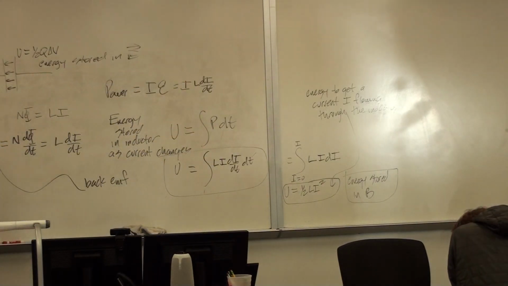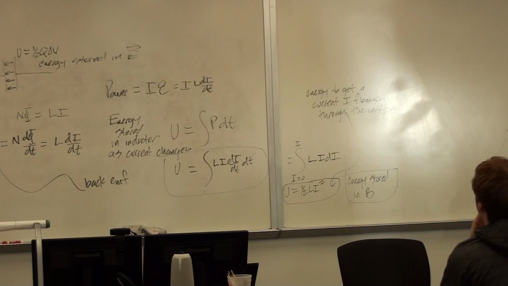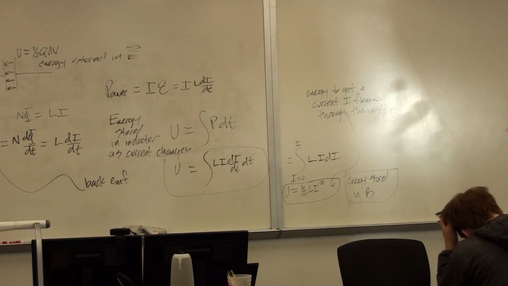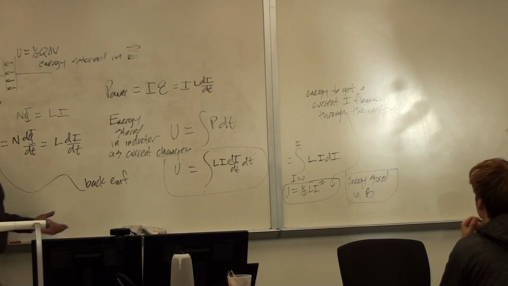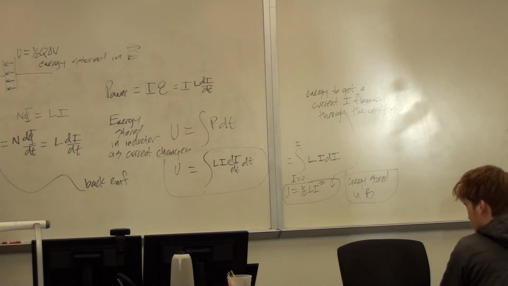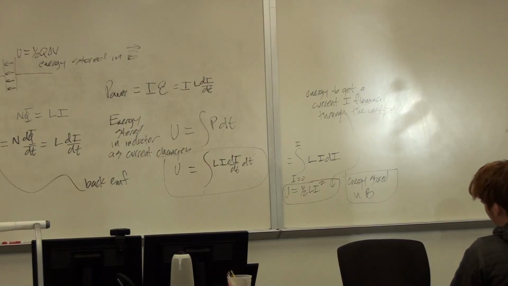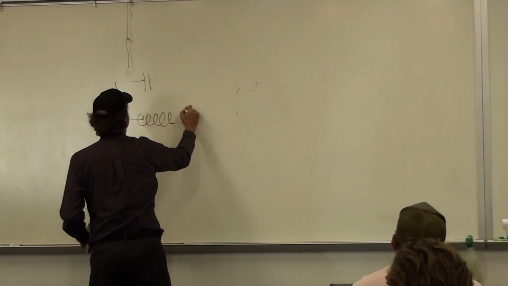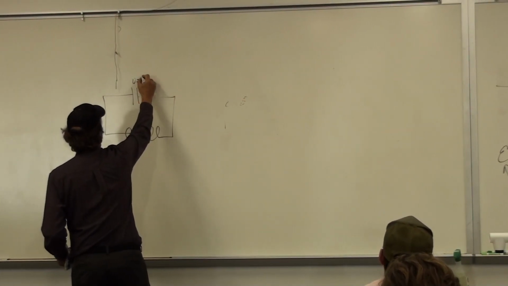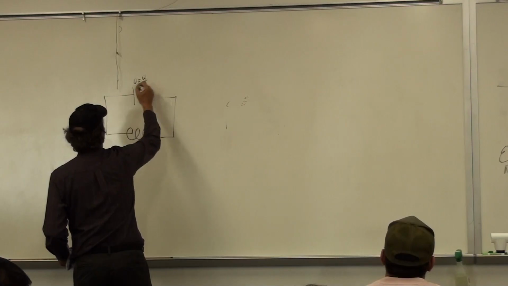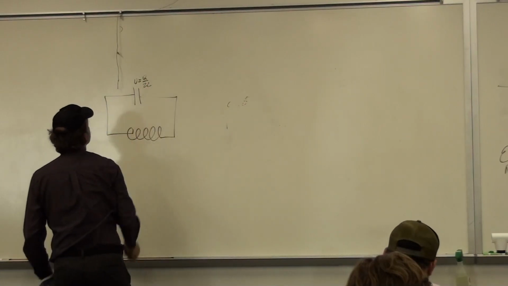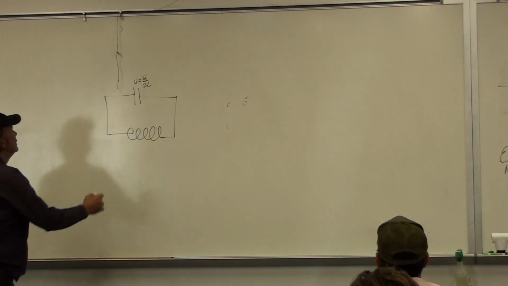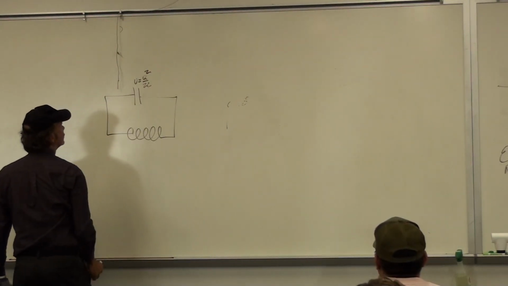Let's combine them. So our inductor is going to have this kind of a shape, just like a long coil, kind of natural for that. Capacitor is going to just be the symbol for two parallel plates. So here the energy, let's say we start out with an initial energy, I'm going to write it as Q squared over 2C. I'm going to have it be proportional to the charge squared.